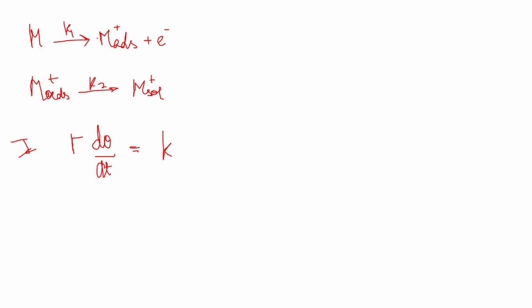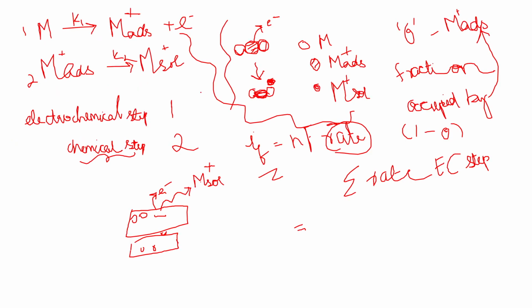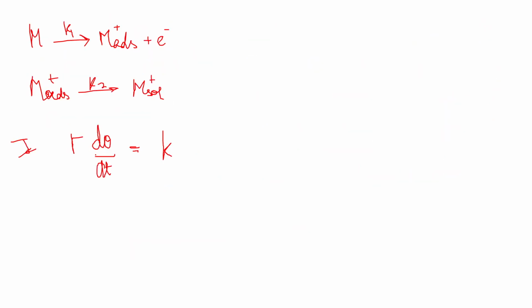So the site balance will be the sum of all the sites. It is only for finding out the current that I have to take into consideration the electrochemical step and the chemical step. When it comes to the site balance, I should take into consideration all the reactions which are involved. Now see what is happening in the reactions. The first reaction is only a forward reaction.